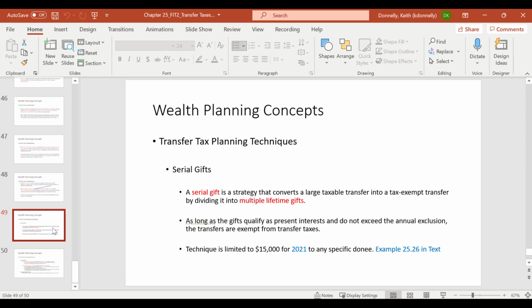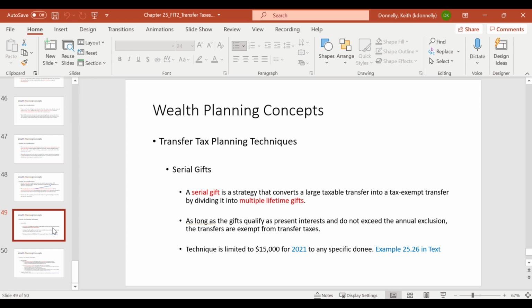The next item here is serial gifts. We've talked a little bit about this. A serial gift is a strategy to convert a large taxable transfer into tax-exempt transfers by dividing it into multiple lifetime gifts. And this is basically where you're leveraging the 15 grand per year per donee.